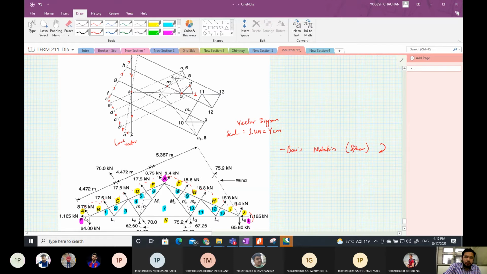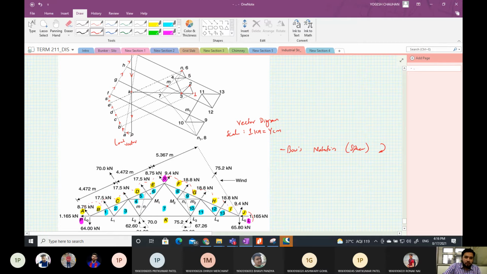This is the m point here. And from that m, you draw a line parallel to Mn. So you will get this n point, which is also the point 6. So you will get this 6 point.